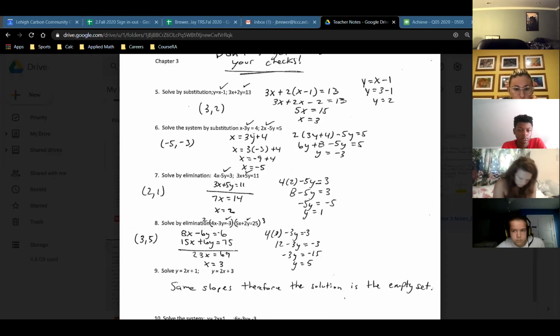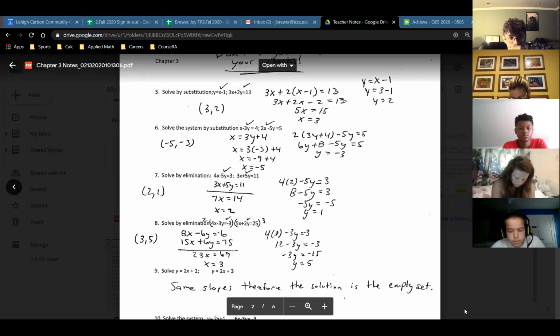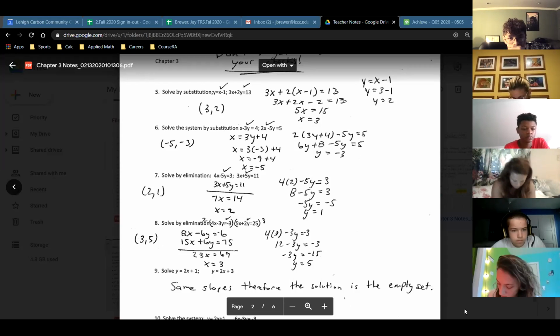So you get x equals 3y plus 4. Once you have what x equals, you're going to plug it into the second equation for the x value. So instead of 2x, you're going to have 2 times the quantity 3y plus 4, then minus 5y equals 5. Once you complete that equation and solve it for y, you then take your y and plug it back into the first equation, and that'll get you your x. Does that make any sense, Joe? Yeah.